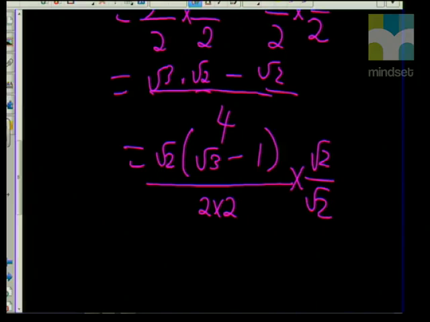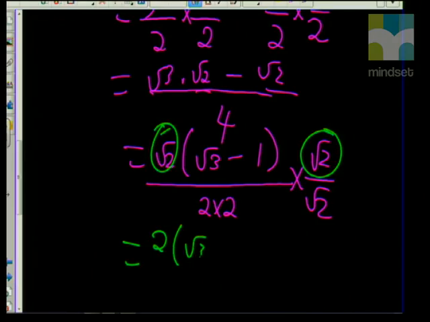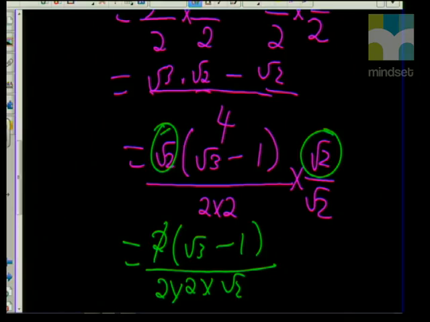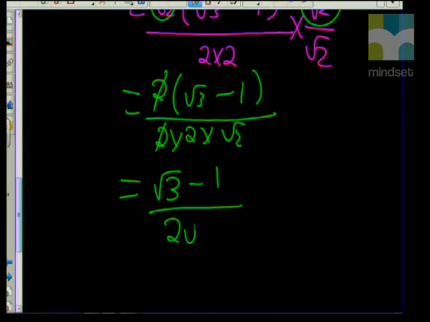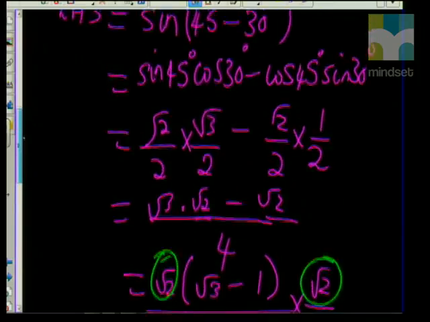The root 2 times the root 2 gives us 2, so 2 times the square root of 3 minus 1, all divided by 2 times the root 2, and then the 2 divides the 2. So we are left with the square root of 3 minus 1, all divided by 2 square root of 2, which is now the same as our right-hand side.